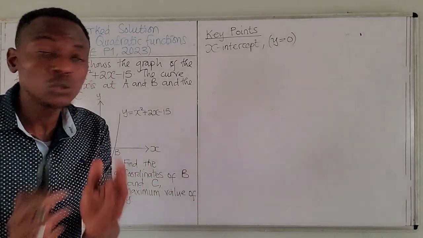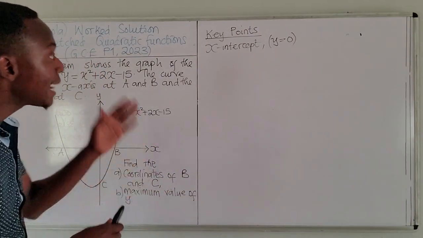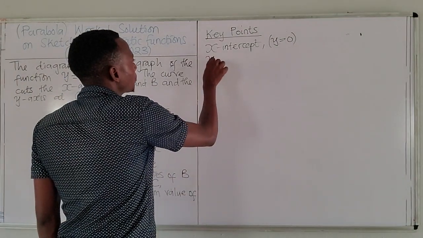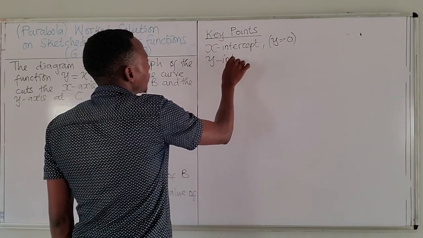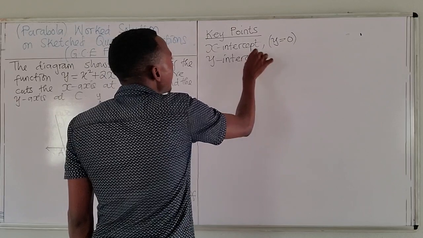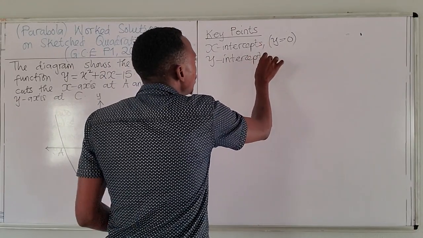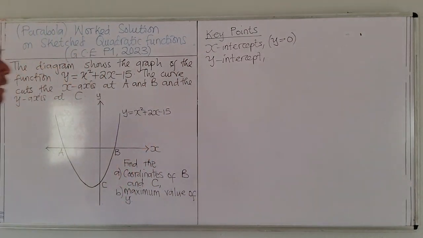Then another key point is the y-intercept. Just like the x-intercept, the y-intercept is where the curve cuts the y-axis. When you look at this diagram, where it is cutting the y-axis is at the point C here.